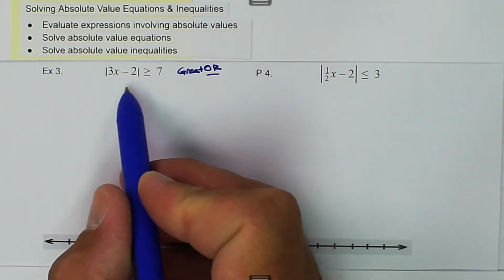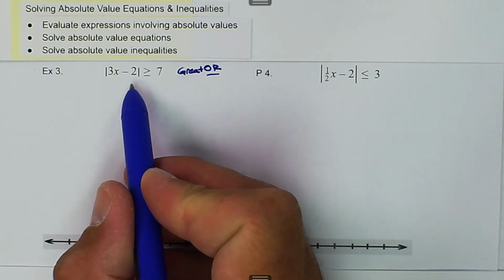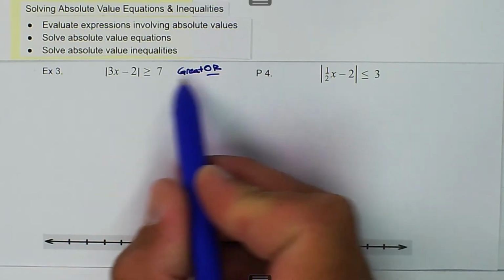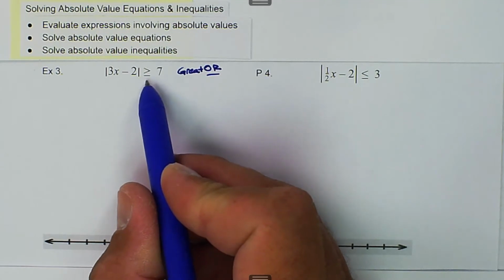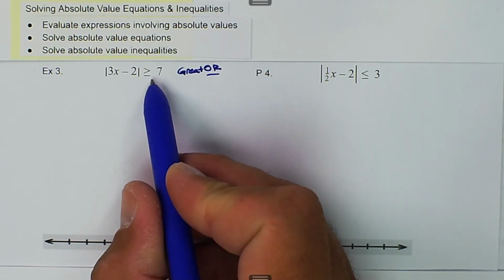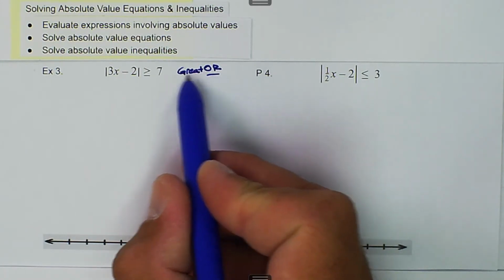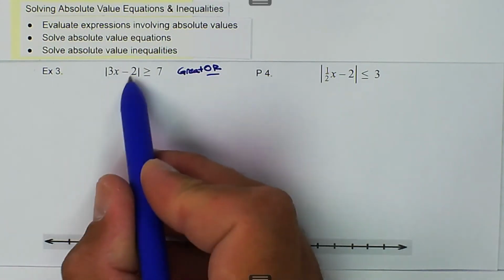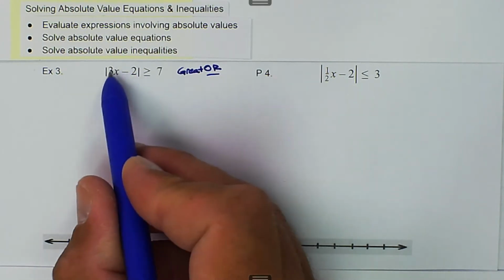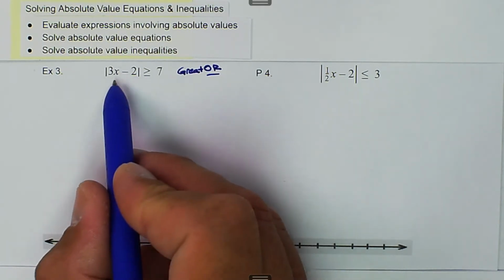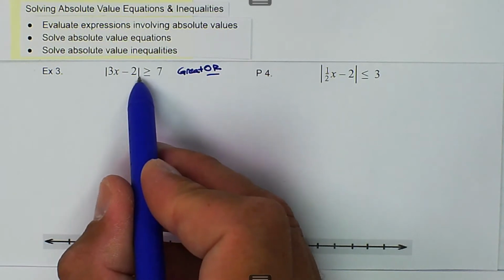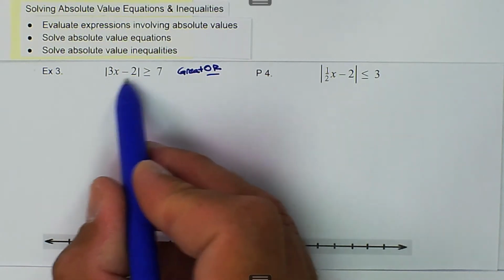So we're going to do the same exact thing that we did before. We're going to write down the inequality twice, but we have to use the conjunction or. So we also have to account for when the expression in between the absolute value sign is positive.